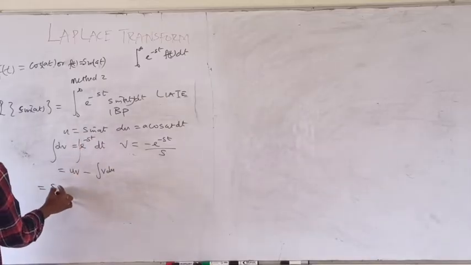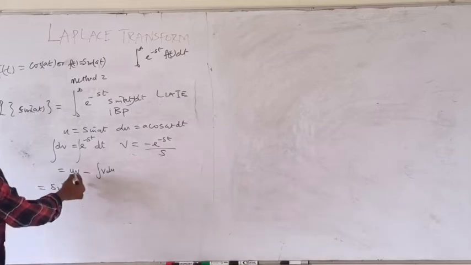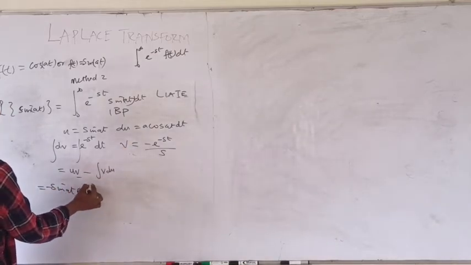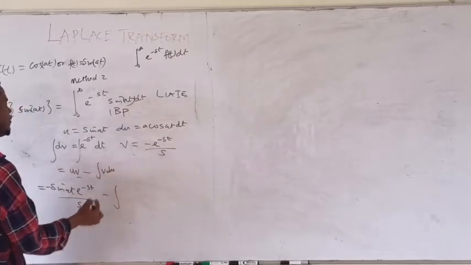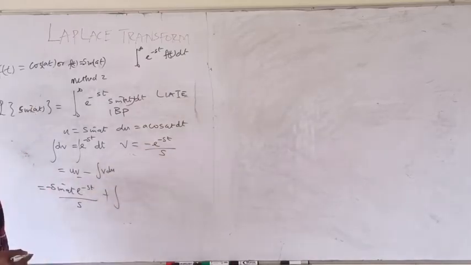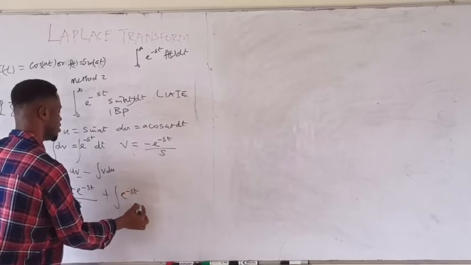Sin AT. So we have sin AT multiplied by v. What is the value of our v? Minus exponential of minus st over s. Minus the integral of v. What is our v? Minus, and since there is a minus, let me change this to plus. So you are going to have exponential of minus st divided by s.